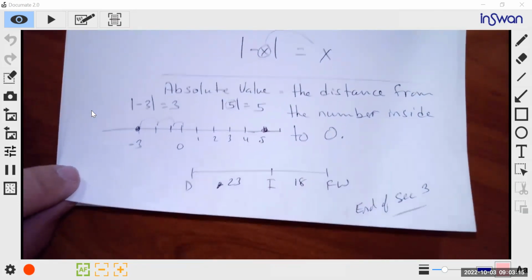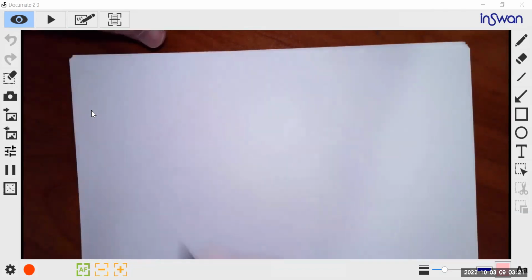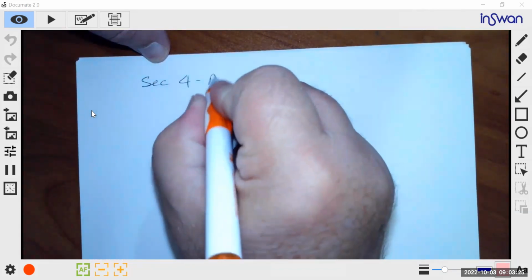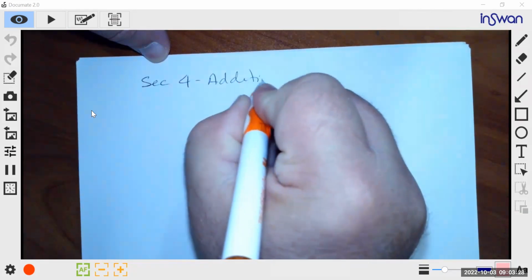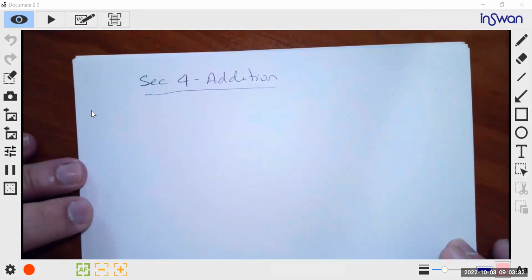Well, we're likely going to go through sections 4, 5, and 6, just to go over the basic rules again. So what are the rules about addition?